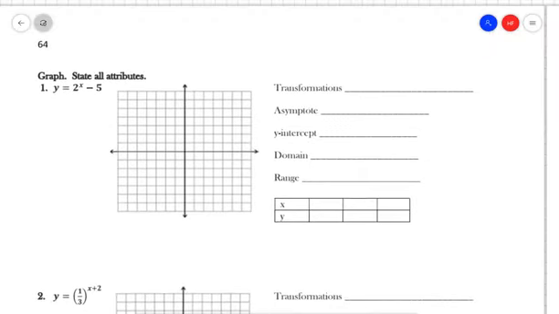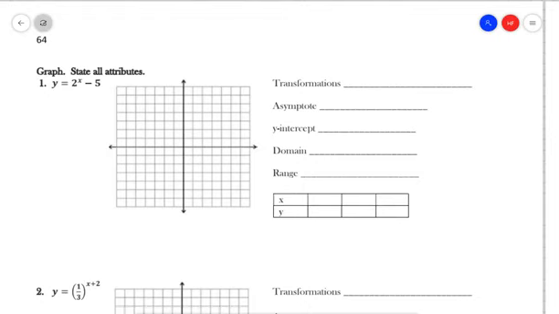So we're going to start with number 1. On number 1, we've got this function y equals 2 to the power of x minus 5. So our parent function is y equals same base, 2 to the power of x. Now our parent function, I'm going to make a table for it.